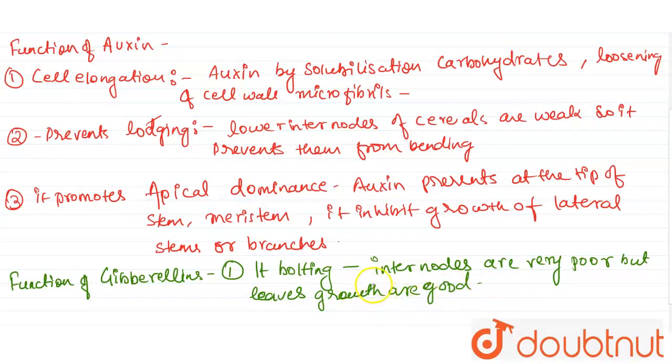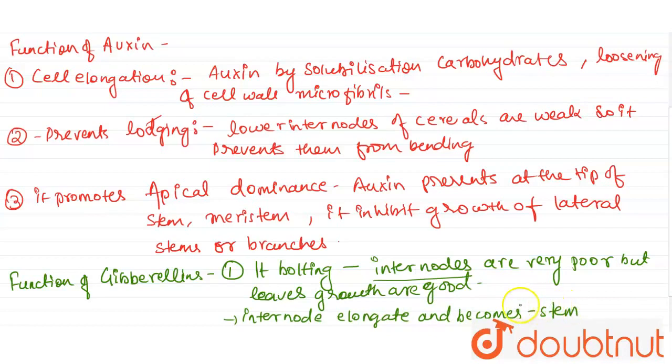The internode section of the plant gets strong. That means the internode elongates and becomes a stem. The example of gibberellin in bolting is the cabbage plant.